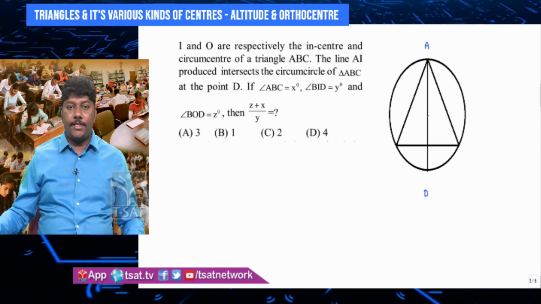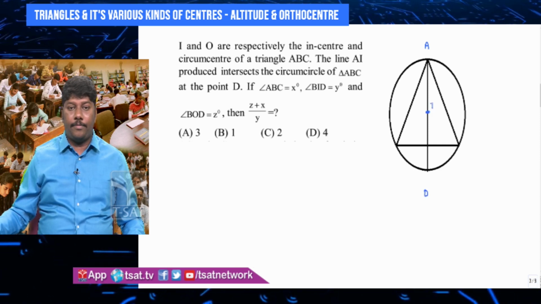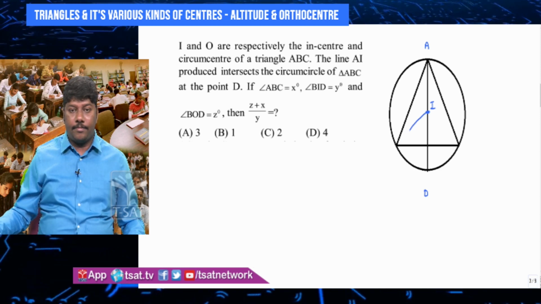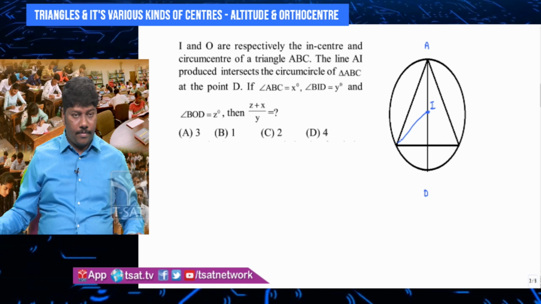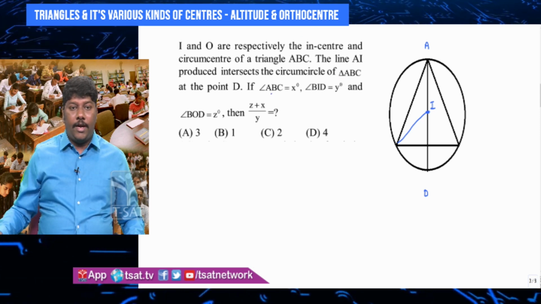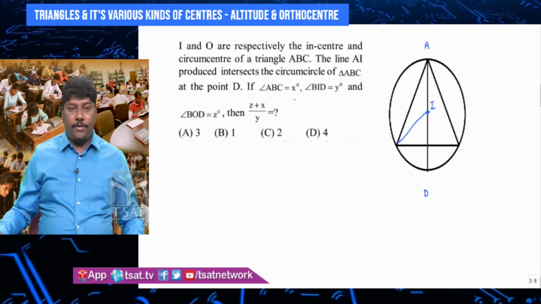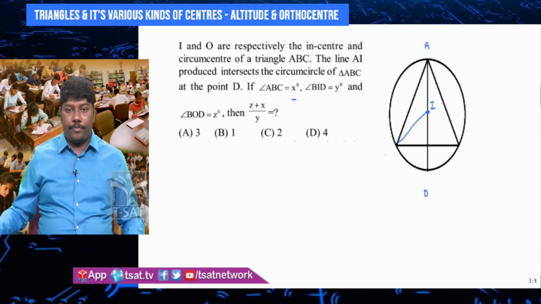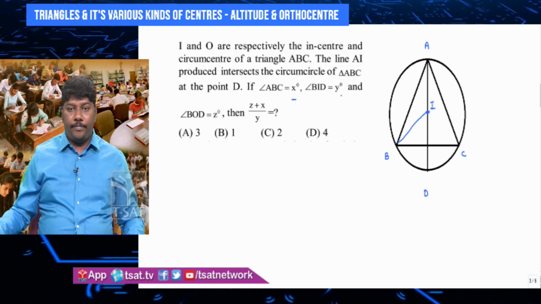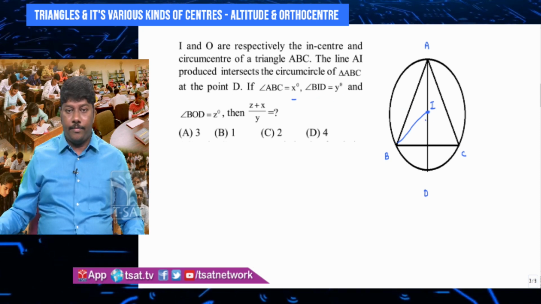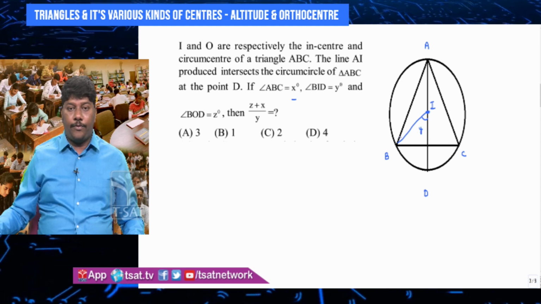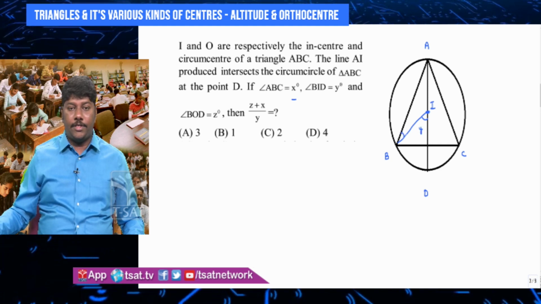Here I am taking the in-center I. In-center is actually the angular bisector of triangle ABC at point D, and angle ABC is equal to x. Angle BID is y. This everything is x means this is x by 2, this is also x by 2.